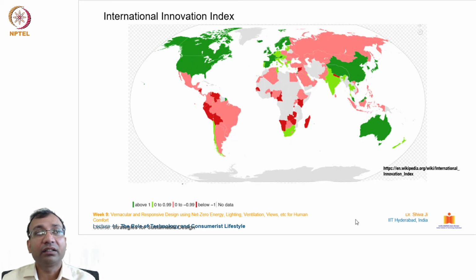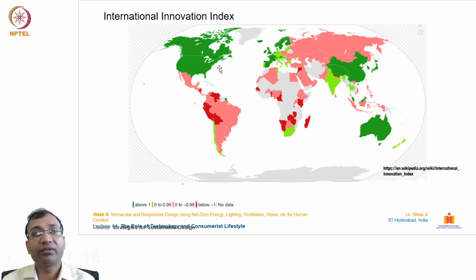Now, comparing the international innovation index, if you see, this is the data over here from 0 to 1. So the dark green is above 1, and then this range is 0 to 0.99, then 0 to minus 0.99, and below -1, and no data.